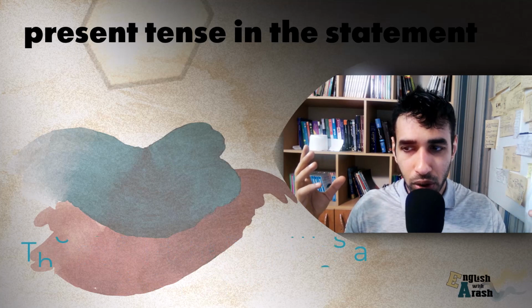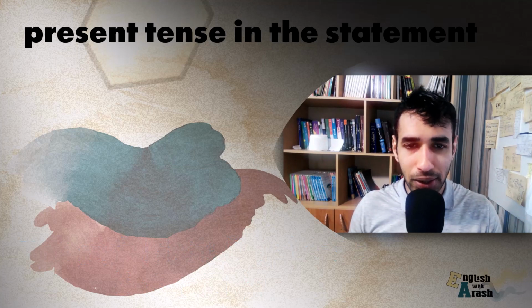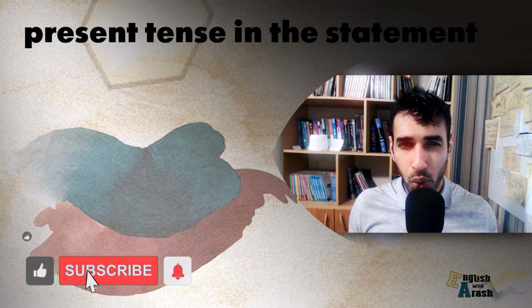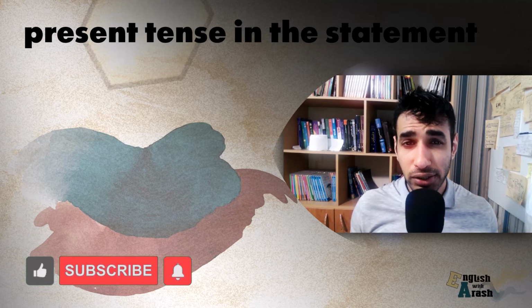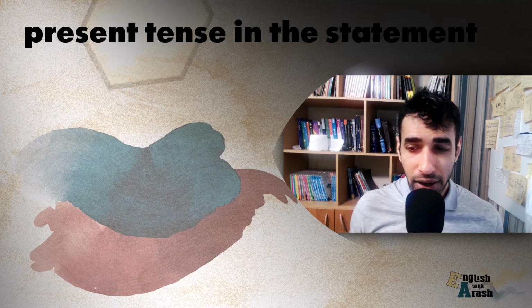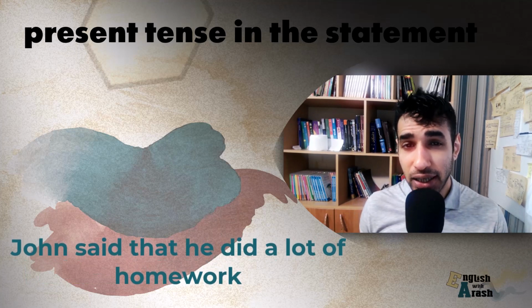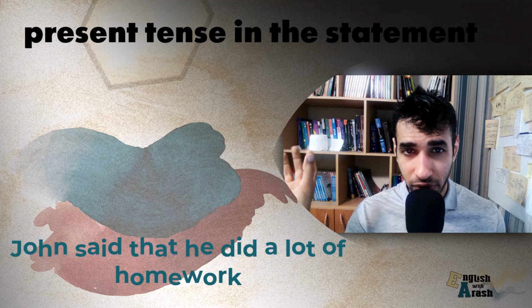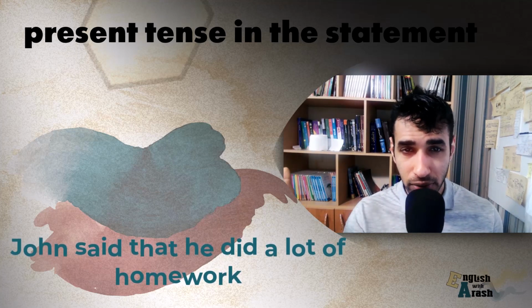Let's make some examples. John said, "I do a lot of homework." Direct speech. Now, we add that here. John said that he did a lot of homework. Now, he did a lot of homework here is a noun clause.